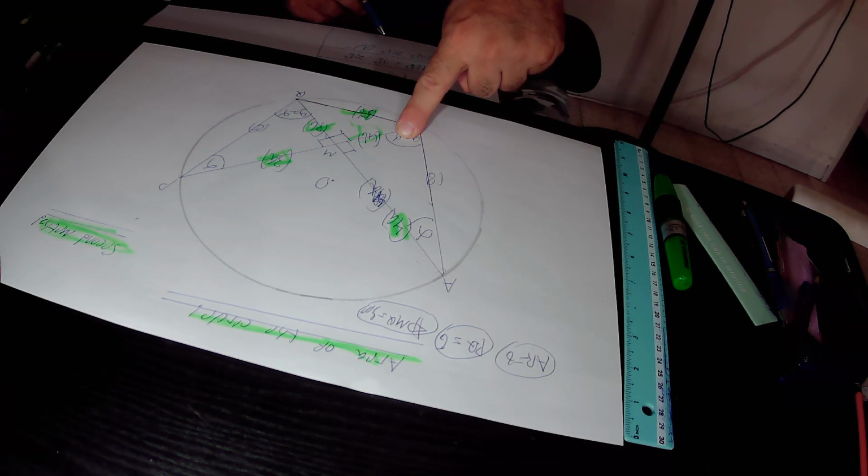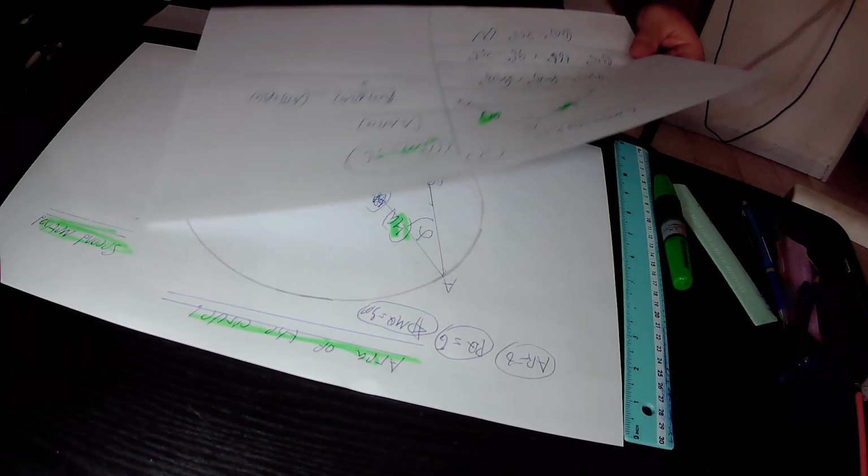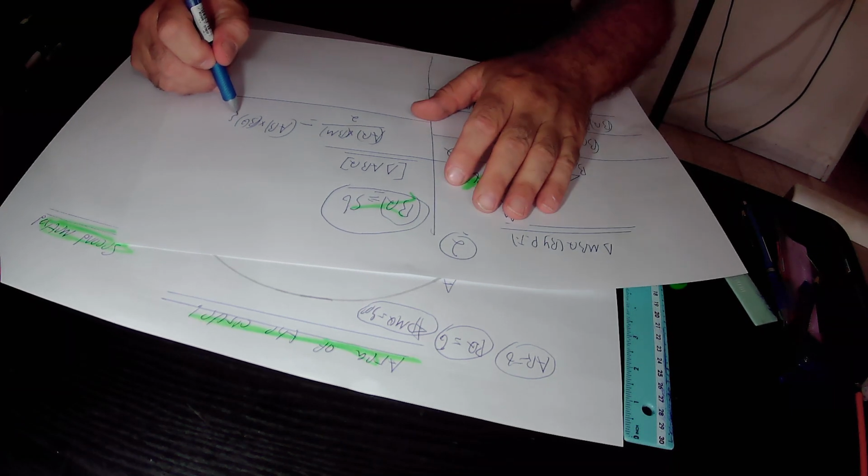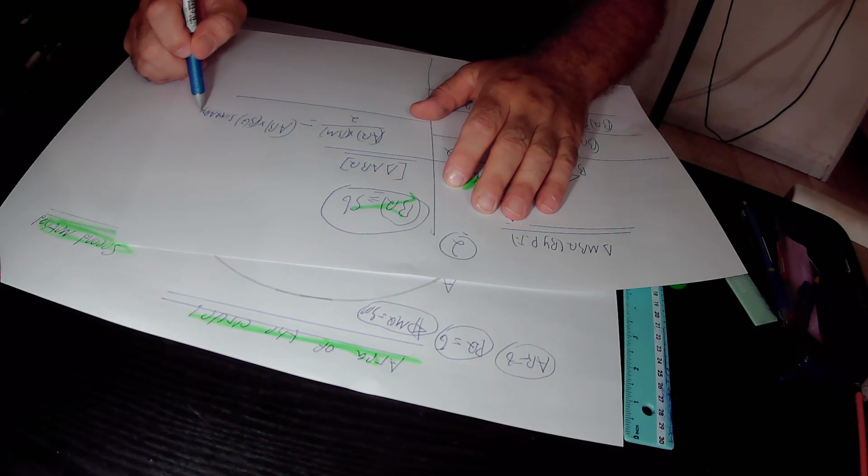Again, it is times the sine of the angle between those two sides, AB and BQ, that is angle ABQ. This is angle ABQ. So it is times sine angle ABQ divided by 2.